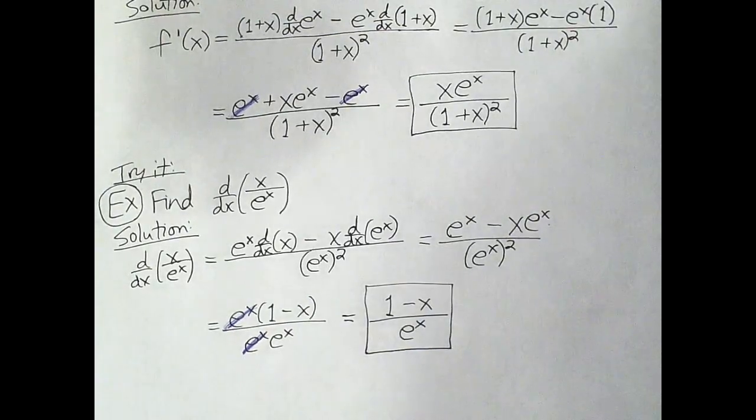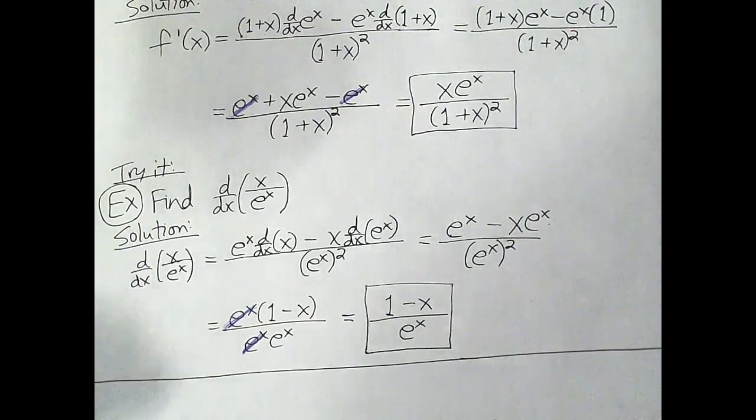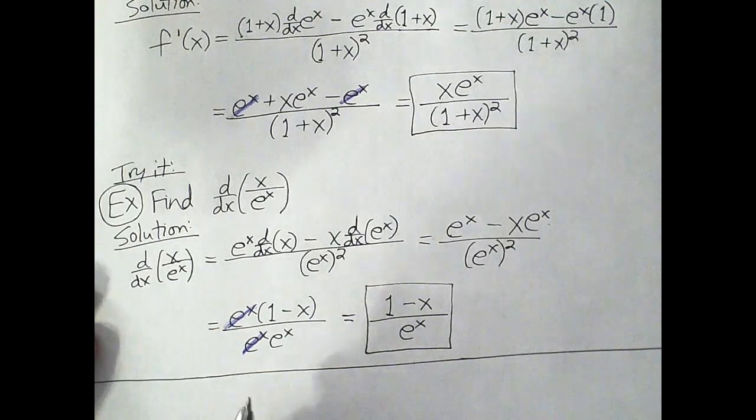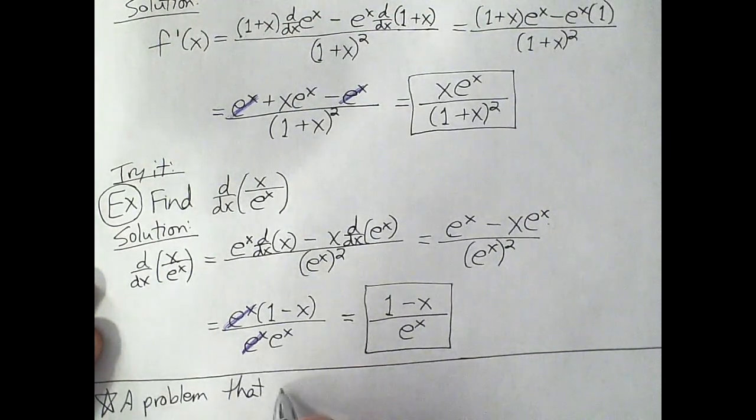Okay, I've got a problem to show you. So far today, what we've done in this lesson is we derived the product rule, and we did probably about 3 problems. And then we derived the quotient rule, and we did about 3 problems of that. So we've seen a few problems of each, and I want to show you a problem that needs both rules.